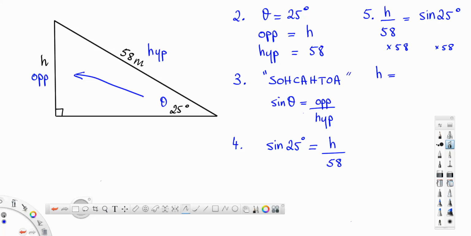And on the right-hand side, we're going to have sine 25 times 58. So I'll put that up front: 58 sine 25 degrees. Okay? And then really there's just one last step here, and that is to plug that into my calculator. And that gives us 24.5 to 1 decimal place.